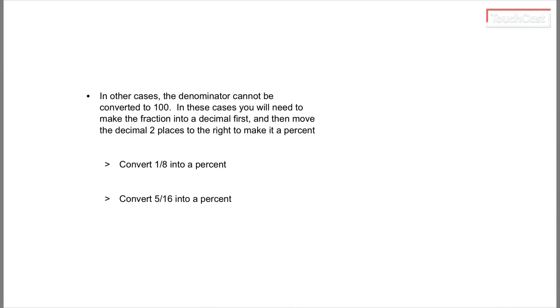Trying another example, 5/16. 5 over 16. Again, we have to divide to make that into a decimal in order to convert that decimal into a percent. However, there is one other method that I want to point out, and that is we can actually keep that as a fraction, and we would have 5 over 16 equals x over 100.